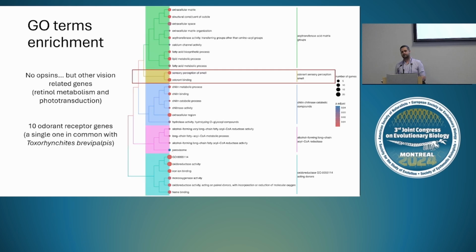But more interestingly, if we do a GO term enrichment analysis, we pick up sensory system and odorant receptor differences between male and female. In total, we have 10 odorant receptors that are differentially expressed between male and female in the eye. And only a single one for now has also been found differentially expressed in the non-biting species.